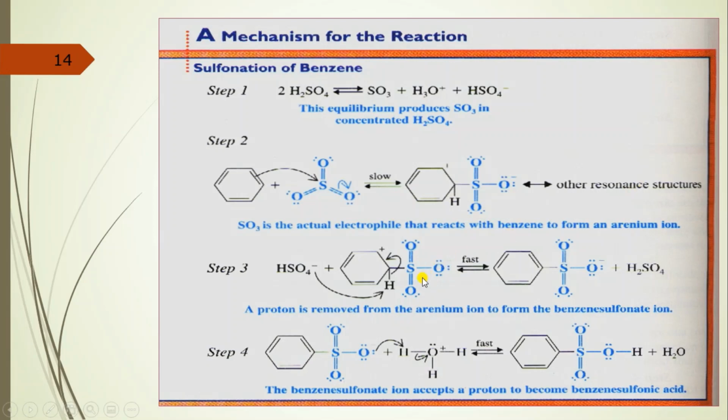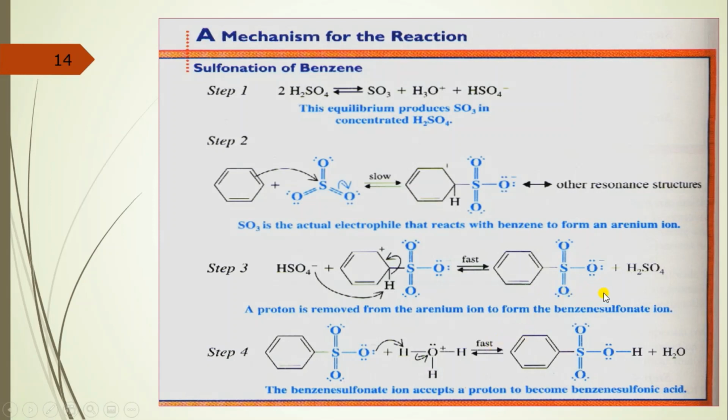Then this HSO4 negative abstracts a neighboring proton, and there is the regain of aromaticity, and we have the product where SO3 is added to the benzene ring, still carrying O negative.